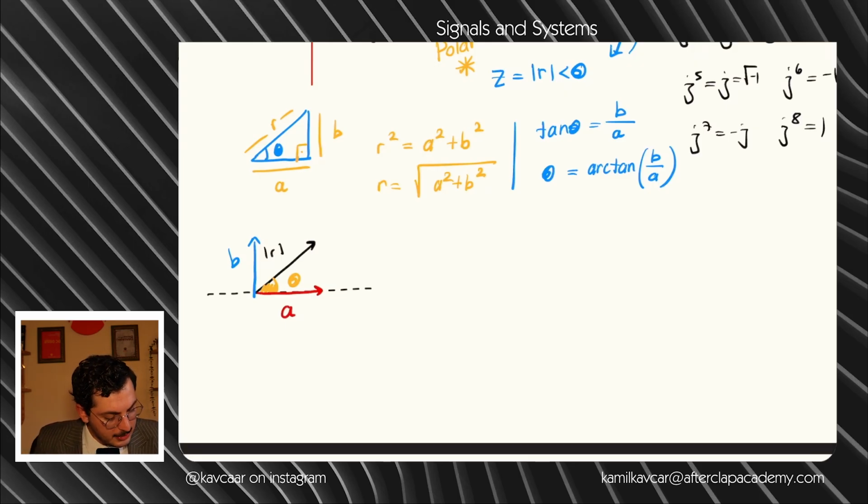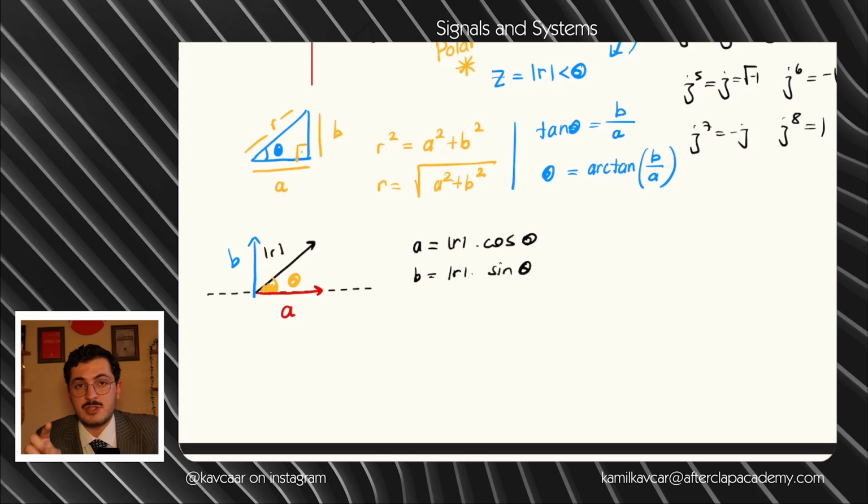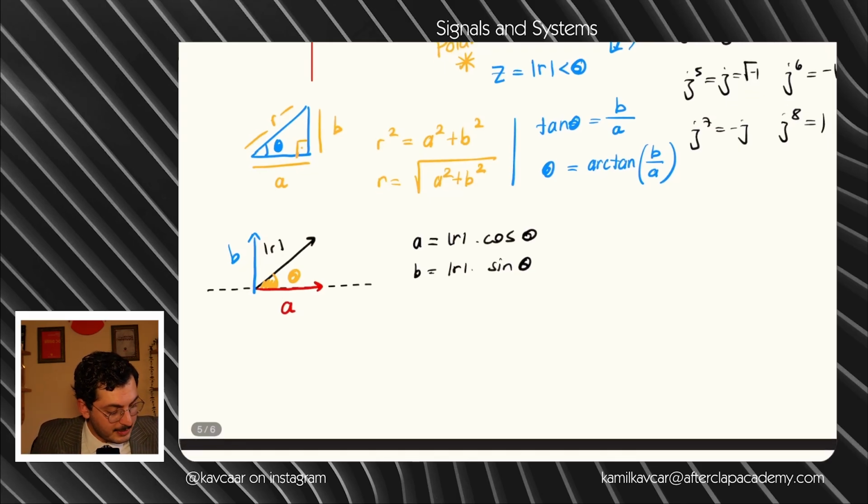Let me do that in here. a is going to be equal to r times cosine theta, and b is going to be equal to r times sine theta. These are details that are really important, which we are going to see later throughout this course. These are pretty basic when it comes to electrical engineering, so you definitely need to know about them. We've talked a bit, we understood what a complex number is, and now we have the information needed to move on.